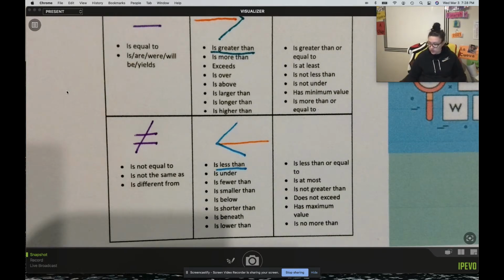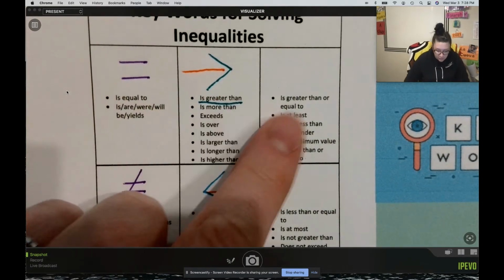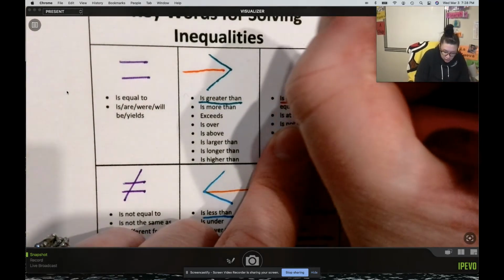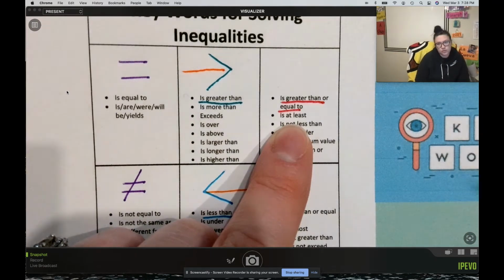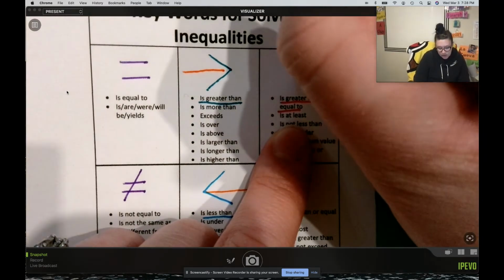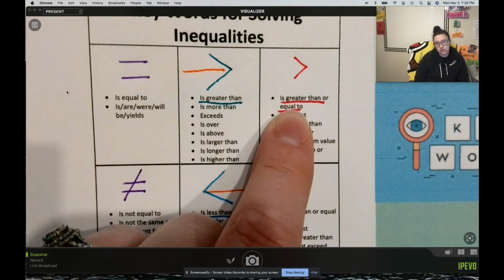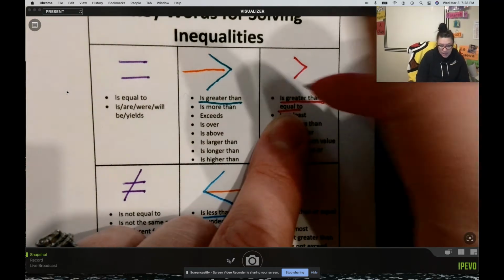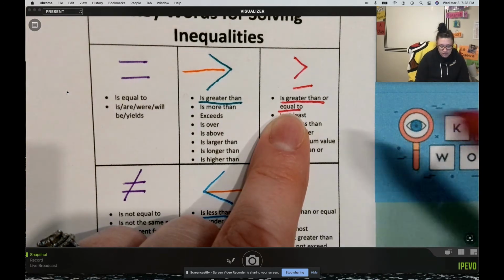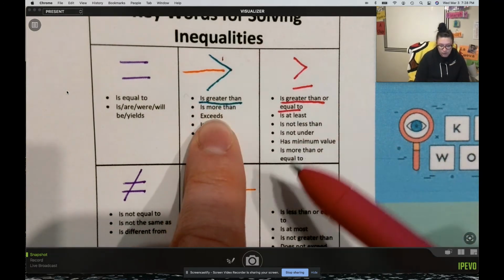This next one is very similar to what we had before. This one is greater than or equal to. I know this is my greater than sign, but I have to add something more to it to get that equal to. I just put that line underneath. I have the greater than sign from before.